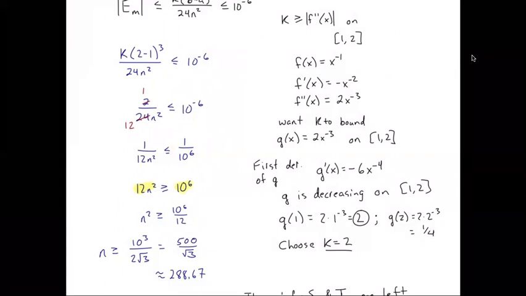Divide both sides by 12 to further isolate n. We have n squared is greater than or equal to 10 to the 6th over 12. In this step, what's happened is we've taken each side to the 1/2 power. So we raise each of these terms to the 1/2 power.